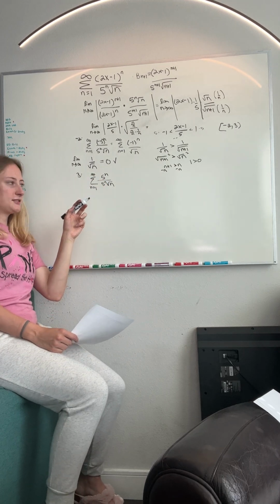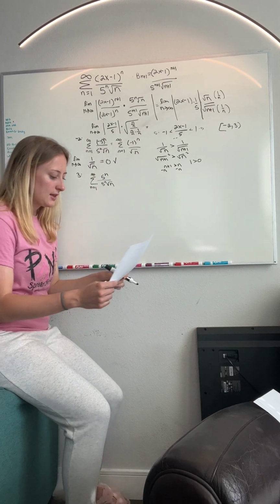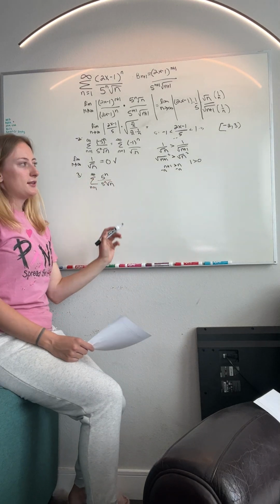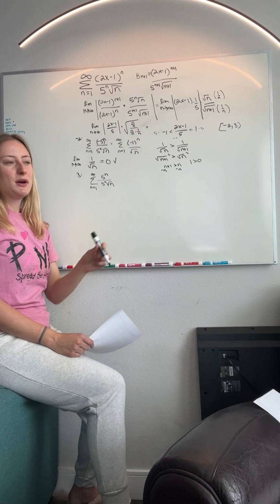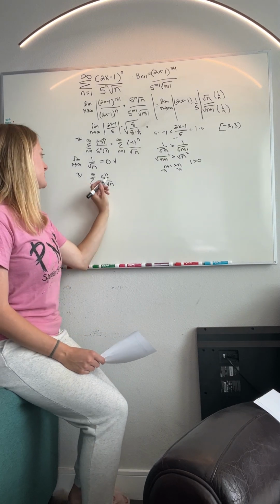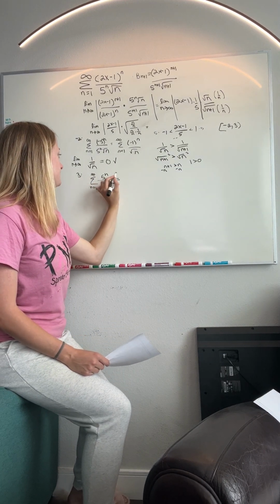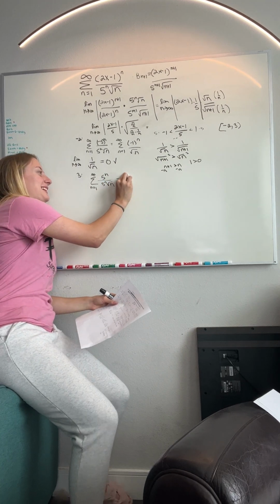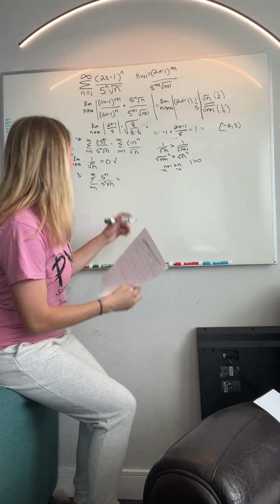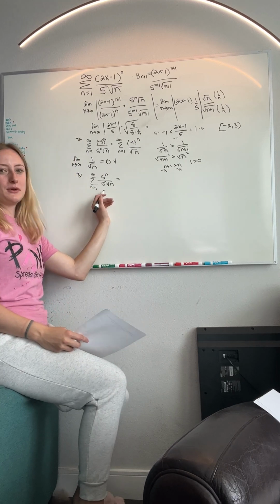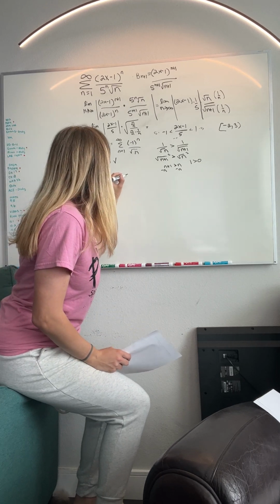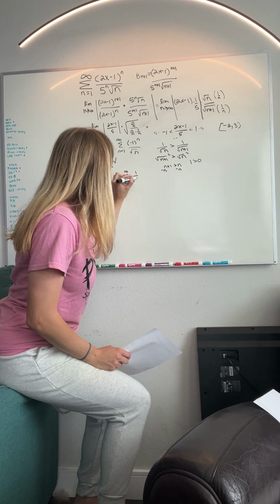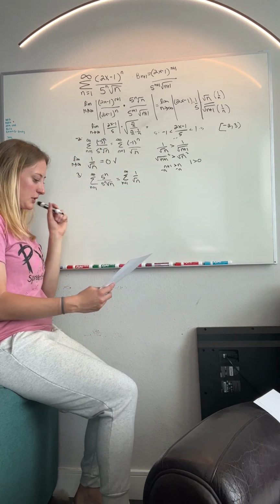Alright, same deal as last time, 5s cancel. So that'll give me a 1 to the n, but 1 to any power is just 1. So this is going to give me 1 over root n.